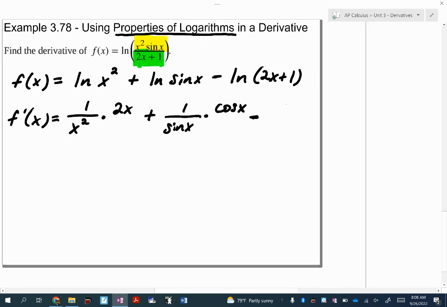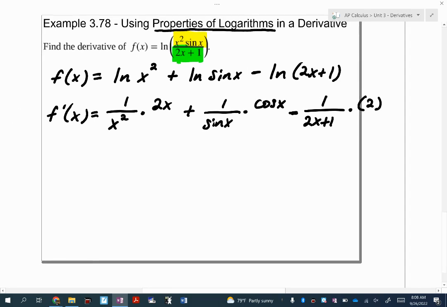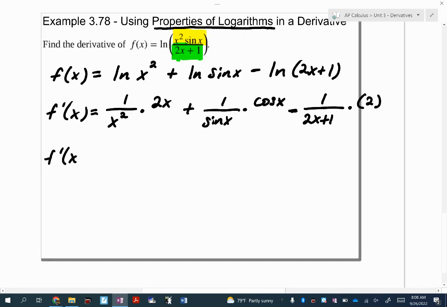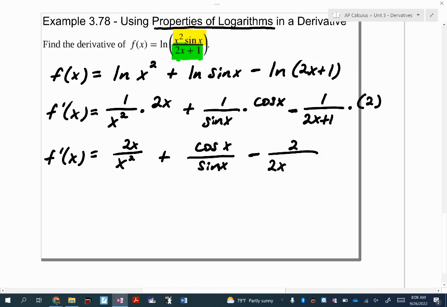Minus 1 over 2x plus 1 times the derivative of 2x plus 1, which is just going to be times 2. Okay, so if I clean that up a little bit, I have 2x over x squared plus cosine of x over the sine of x minus 2 over 2x plus 1. And this is the answer.